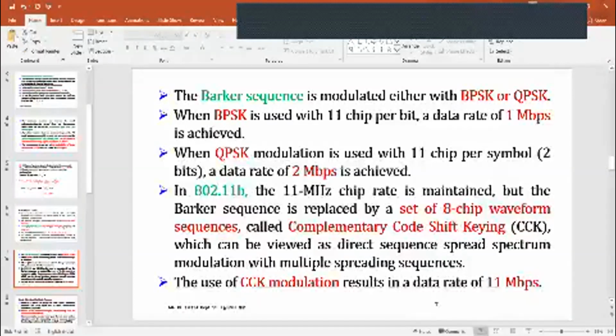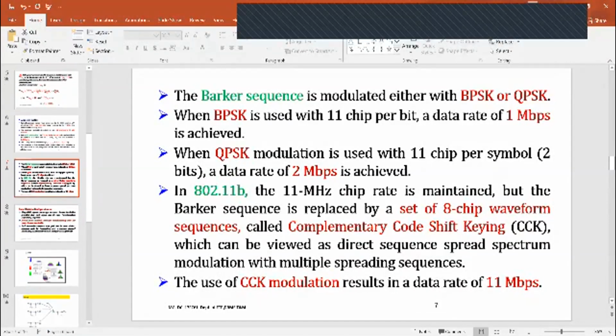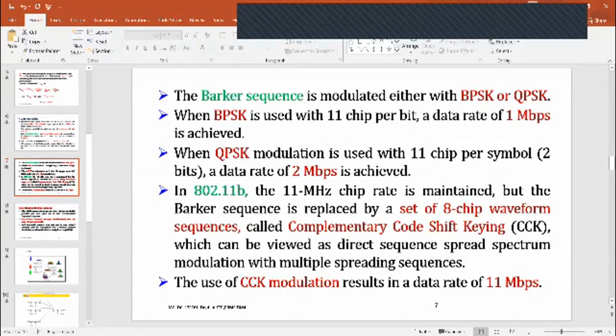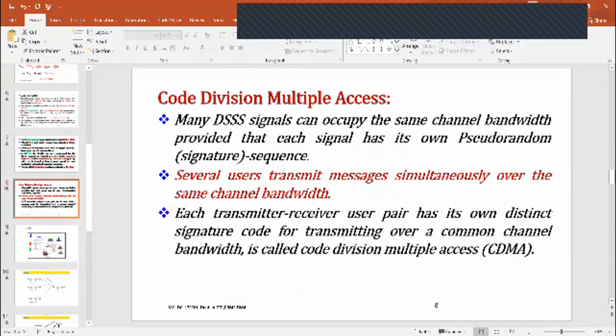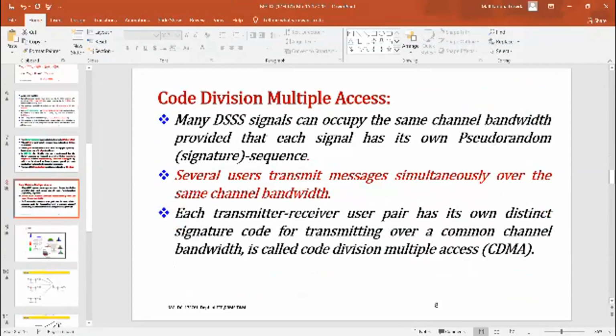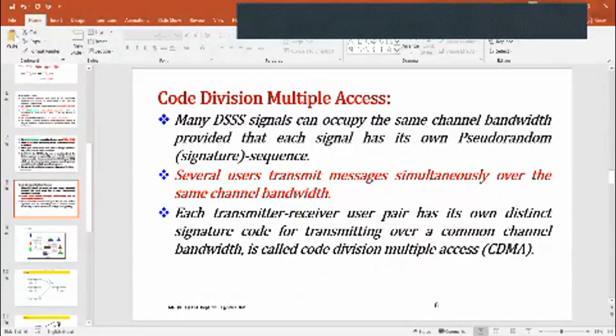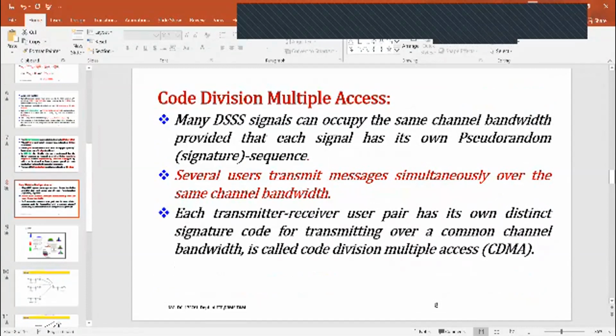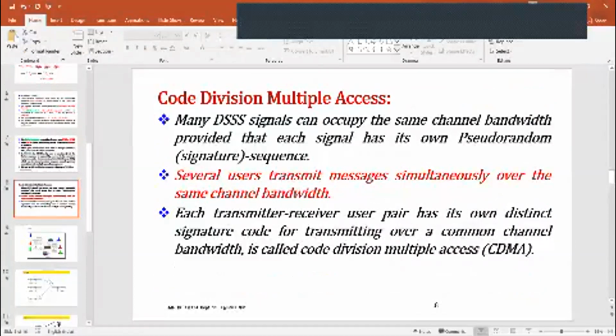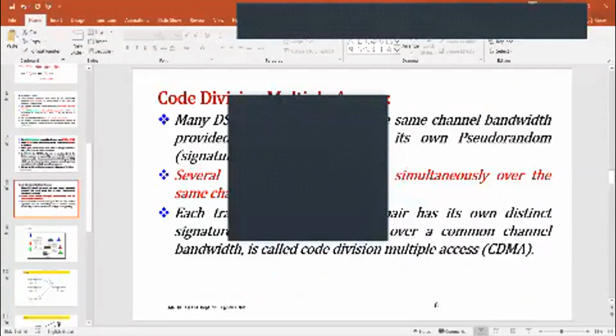The next one is code division multiple access, what I said, right? Before I take up this application, if you have any doubts about those two applications, you can ask me. Hello? Yes, sir. If you have any difficulties about these two applications, you can ask me.